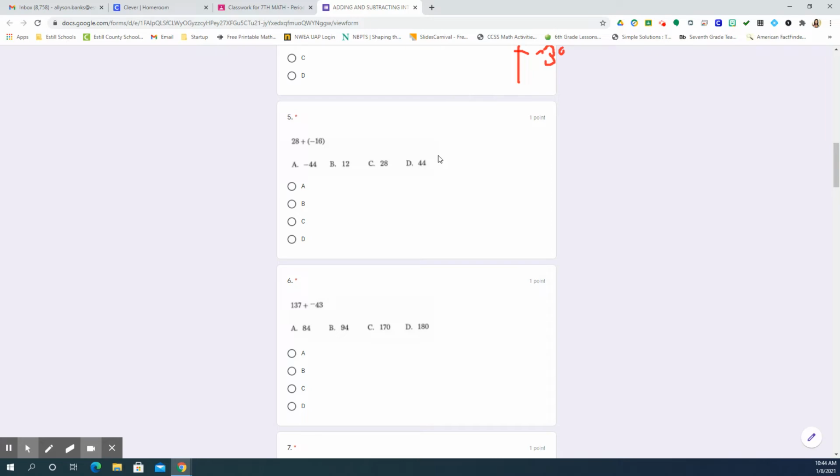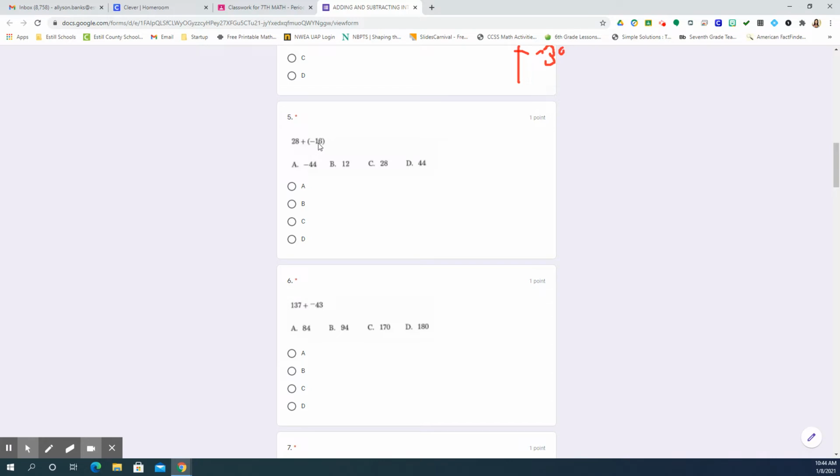If they have different signs, then you subtract them, and the answer will take the sign of whichever number has the furthest distance away from 0. So in other words, 28 and -16. Those are different signs, so we're going to subtract because we go 28 over to the right, the positive way on the number line, and then we go back 16. So it's basically like taking away 16.